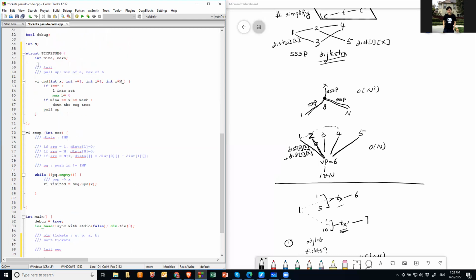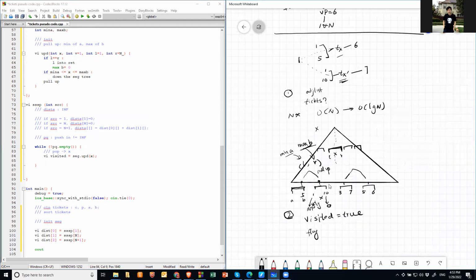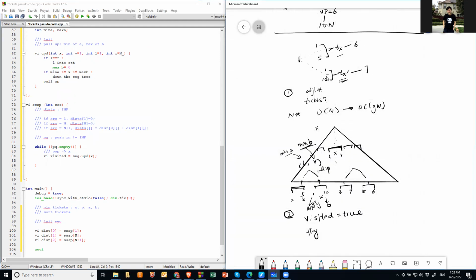The P is basically this, right? How you update the segment tree, how you find which ticket, and how you update the segment tree. Okay. Oh, sorry, I did not finish this, but it's standard, right? Once you find which leaf, you can do this.